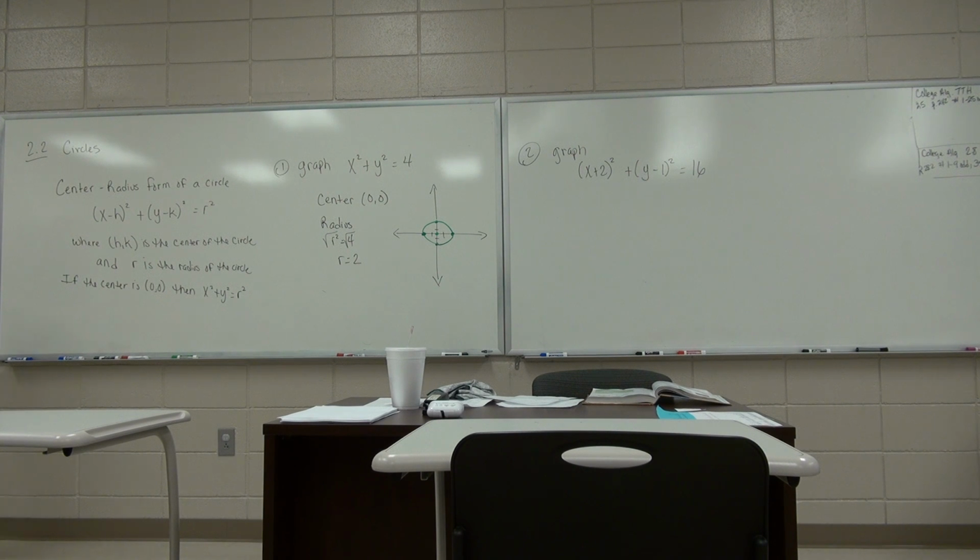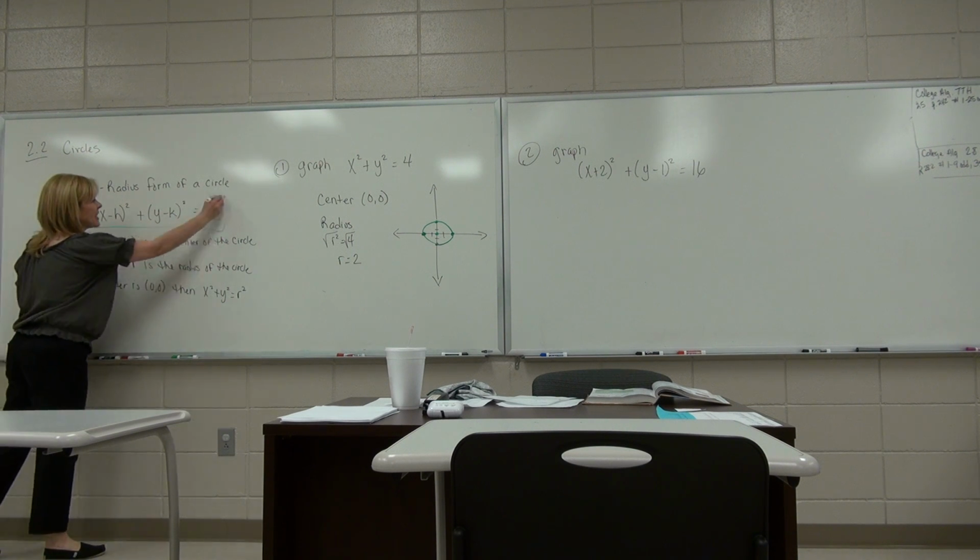So write it, and I want you to stop because you must listen to what I'm going to tell you about this formula right here, about this h and k.